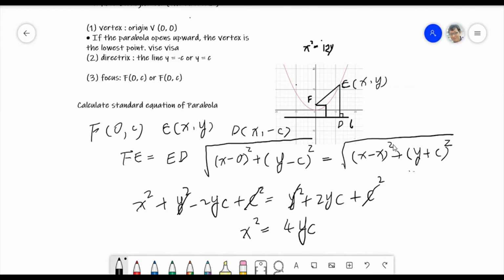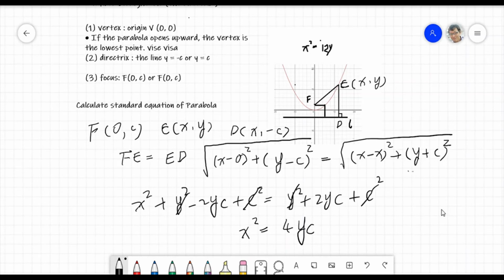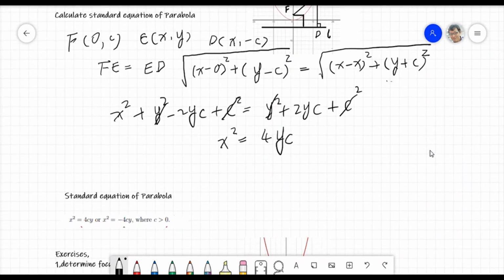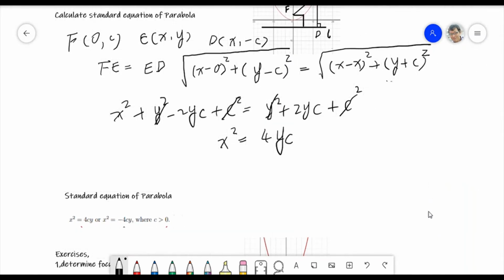Okay, here x square equals to 4yc is exactly the standard equation of parabola. So x square equals to 4yc or x square equals to negative 4yc depends on the parabola facing up or facing downward. If facing downward, it's negative 4yc. Okay, so we definitely are aware of the definition of the parabola.